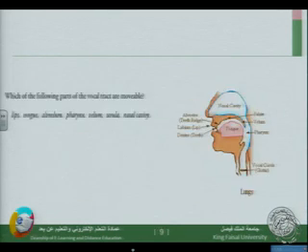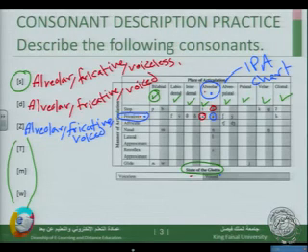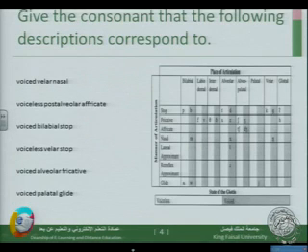So again, what we have covered in this class was the exercises. The first exercise was how to describe the consonant using the place of articulation, the manner of articulation, and the status of the glottis, and I have done 3 of them.